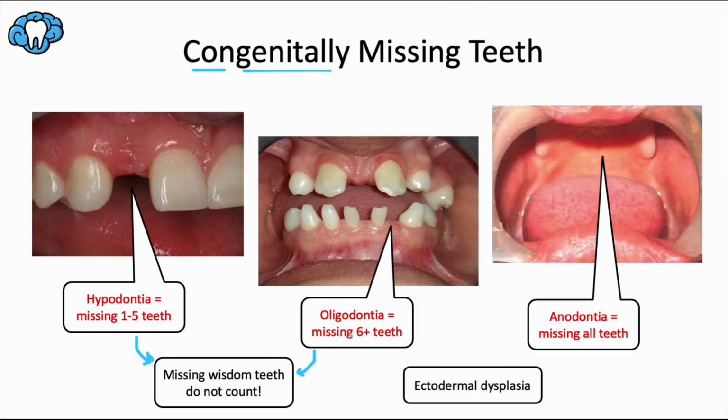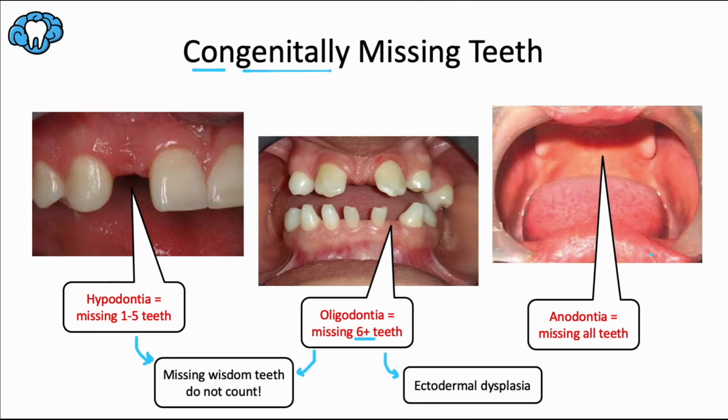Many textbooks and peer-reviewed research articles agree that 6, 7, 8, and beyond would fall under oligodontia. So that's what I subscribe to, what I have on this slide here. This condition can occur alongside a syndrome such as ectodermal dysplasia. Those two often coincide with each other.